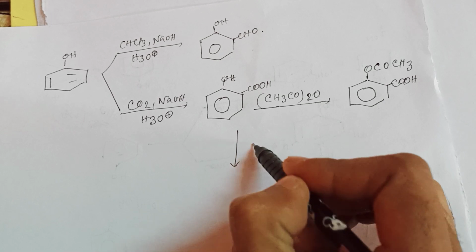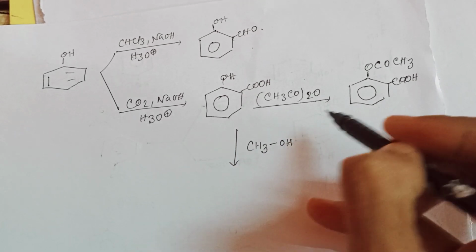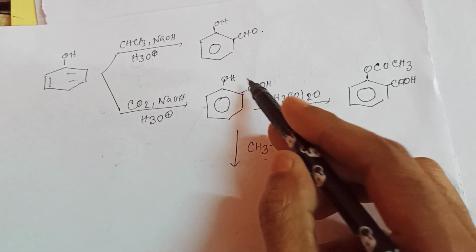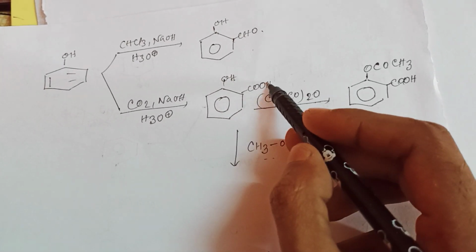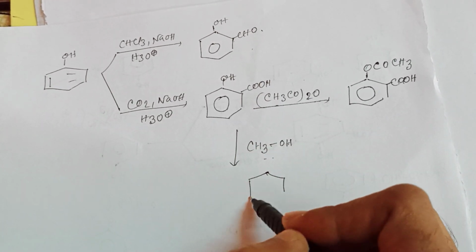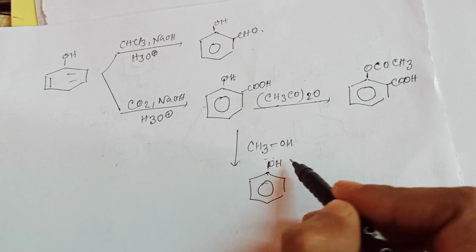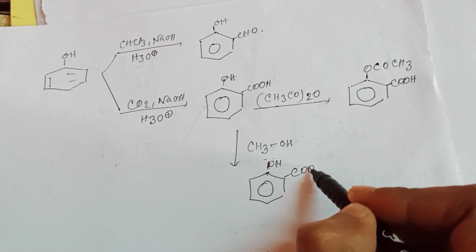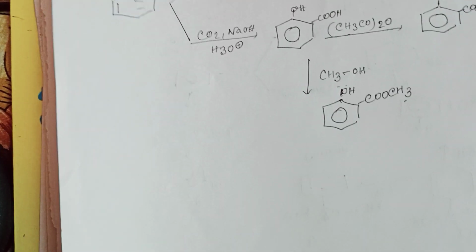When it is treated with CH3OH, that is methanol, acid and base react, while base and base do not react, and then it forms the OH phenol group and COOCH3.